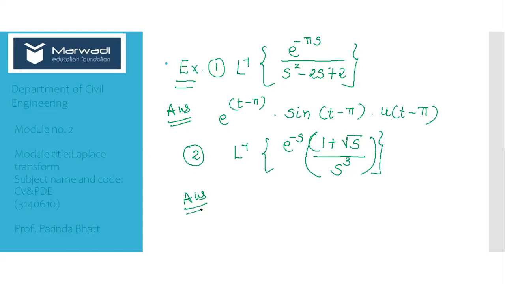Answer of this question, f of t you are getting t square by 2 plus 4t power 3 by 2 divided by 3 root pi.